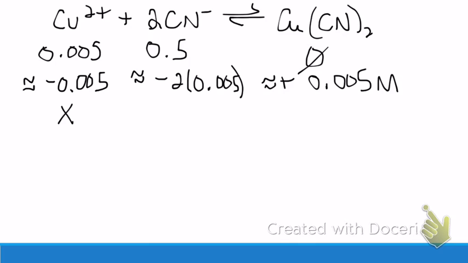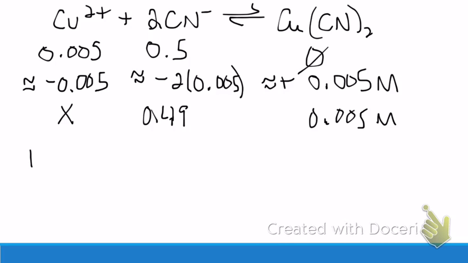Again, we make our equilibrium value of copper 2+ x, and we end up with 0.49 molar cyanide and 0.005 molar copper complex ion.